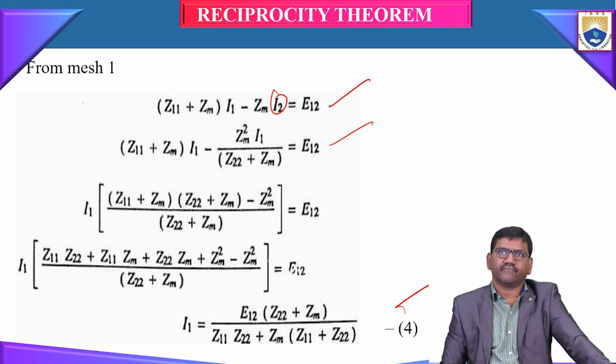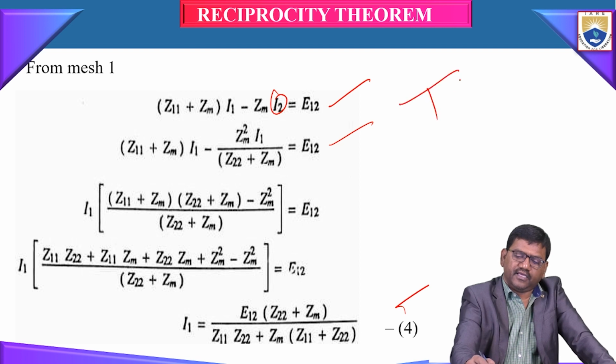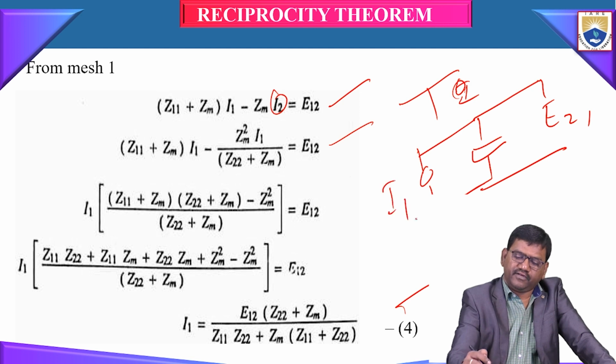So we got I1. Similarly, we shall take another network and find the value of I2. For this case, we have applied I2 here, and similarly let us apply I1 here. I'm going to measure E21. Apply I1 here.